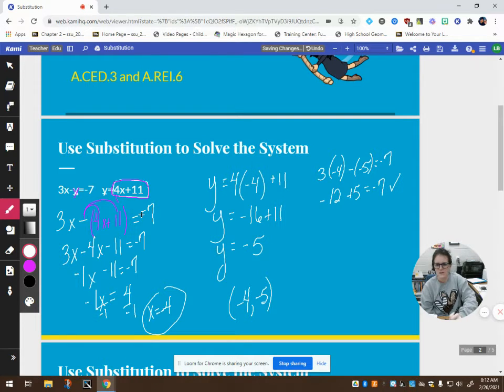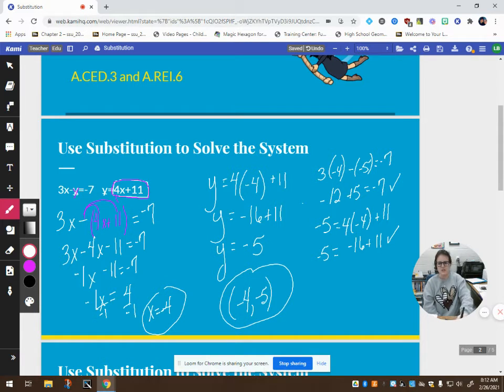Okay, according to this one, we should have -5 is equal to 4 times -4 plus 11. 4 times -4 is -16 plus 11 is in fact -5, so it's true. It works for both equations. So my solution to this system of equations found by using substitution is (-4, -5).